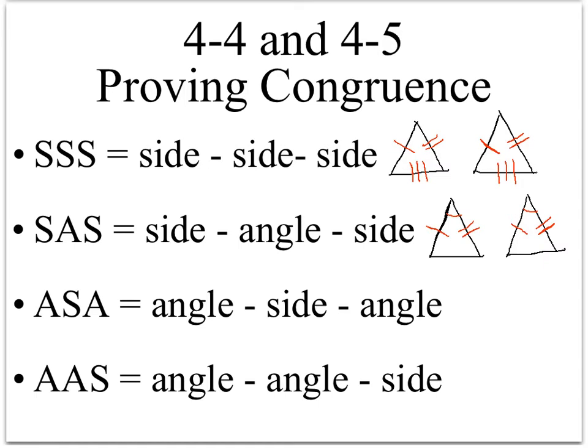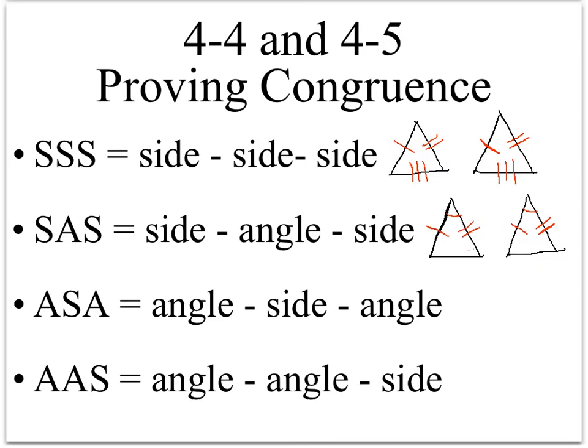We can stop there. We don't need to show anything else. Now, it has to be the angle that's right in between the 2 sides, so it can't be one of the outside angles like this one here. Otherwise, we don't know for sure that the triangles would be congruent.